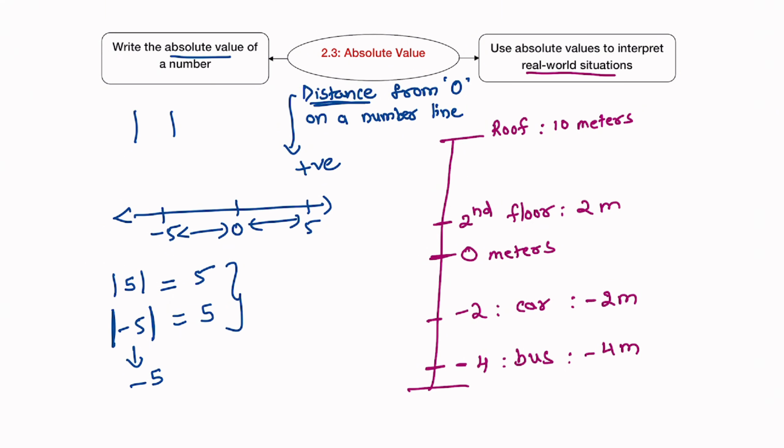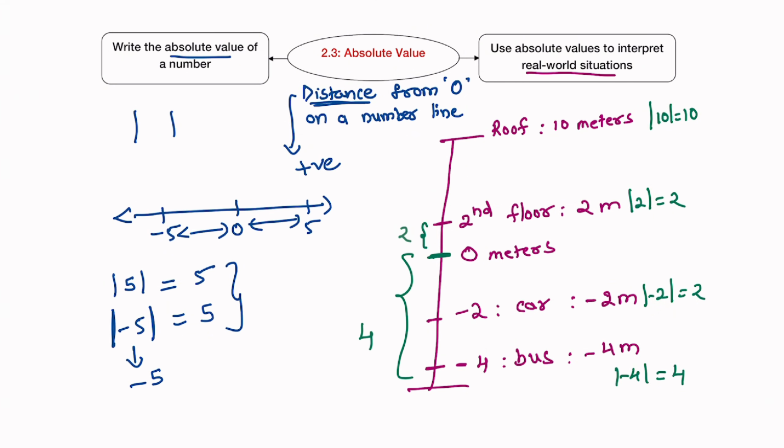So let's write down the absolute values here. Absolute value of 10 is 10, absolute value of 2 is 2, absolute value of minus 2 is also 2, and absolute value of minus 4 is 4, right? So if we talk in terms of distance from 0, this distance is 4, this distance is 2, this is 2, right?